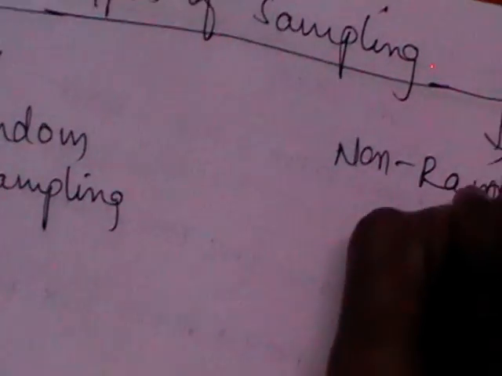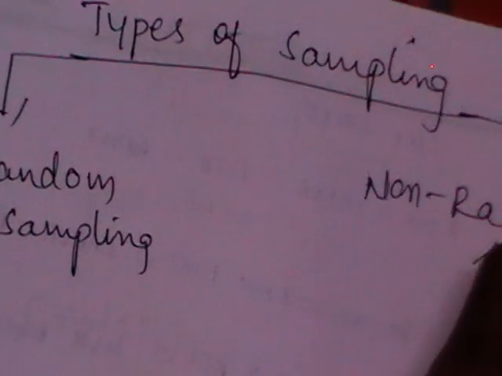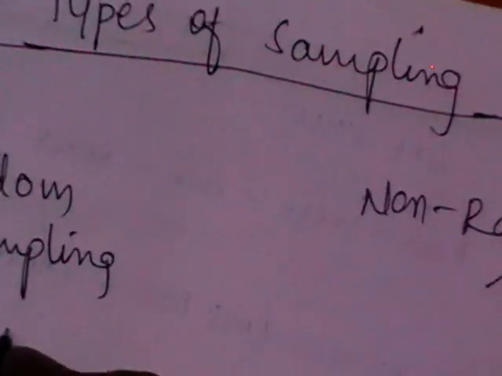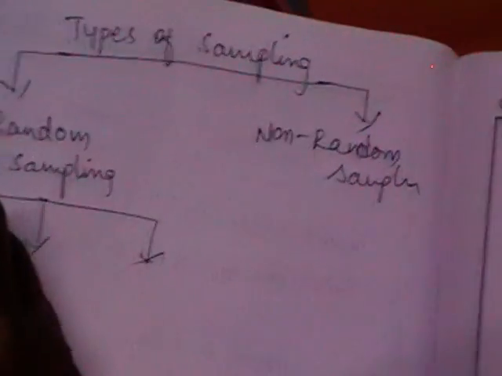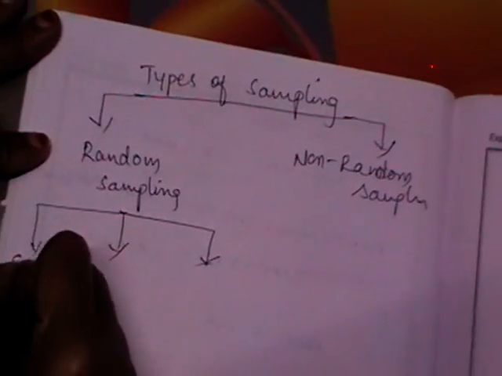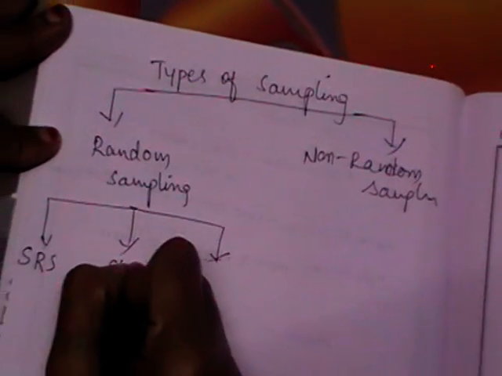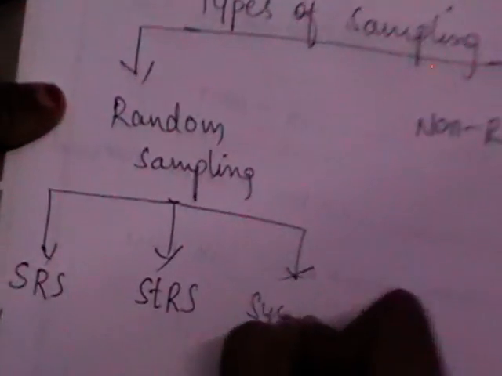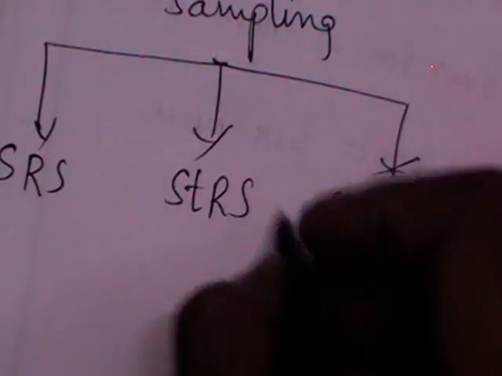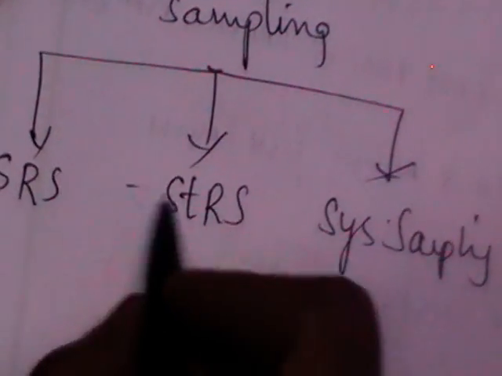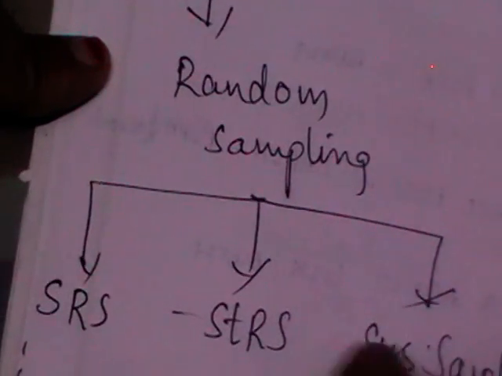Under the random sampling technique, we have further divisions: simple random sampling, stratified random sampling, systematic sampling and multi-stage sampling. These are the sampling techniques under random sampling.